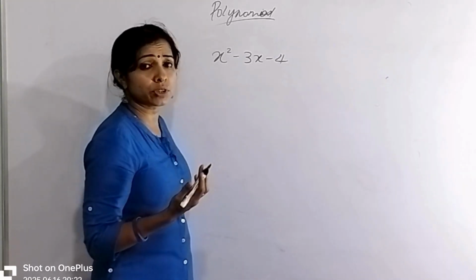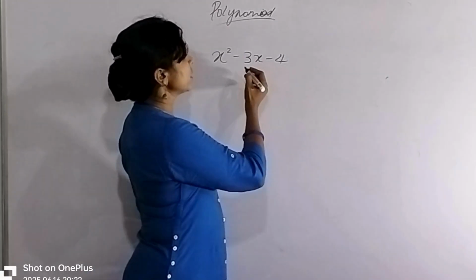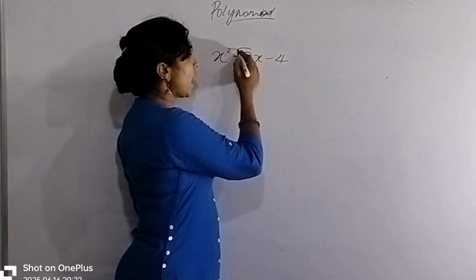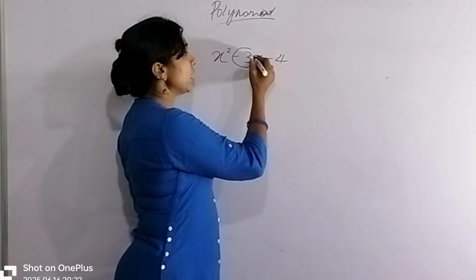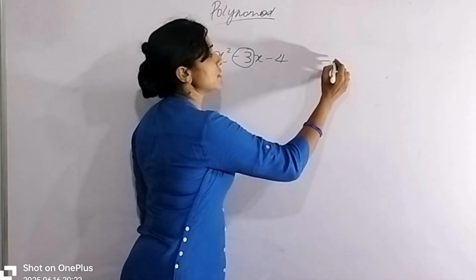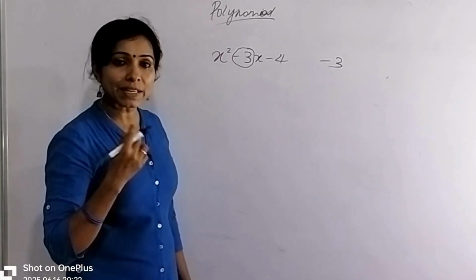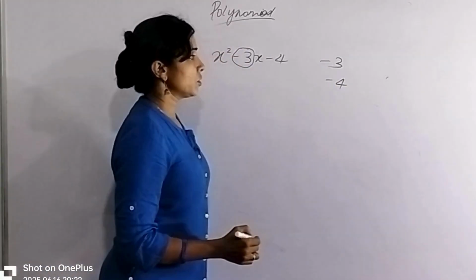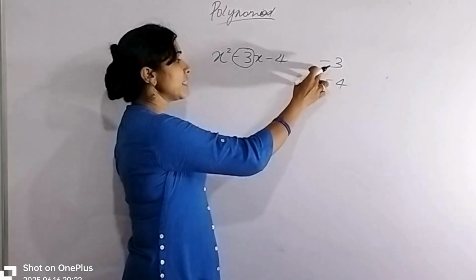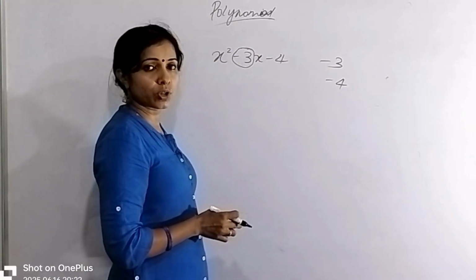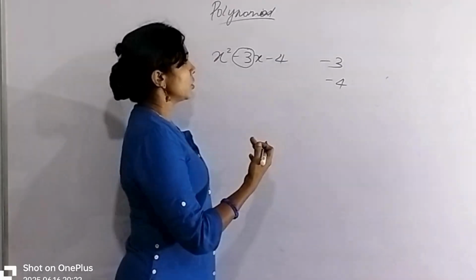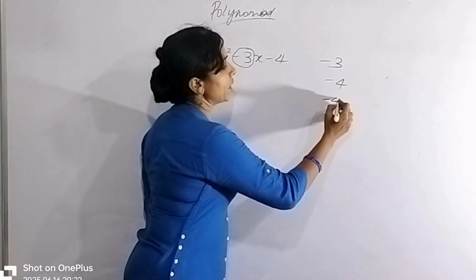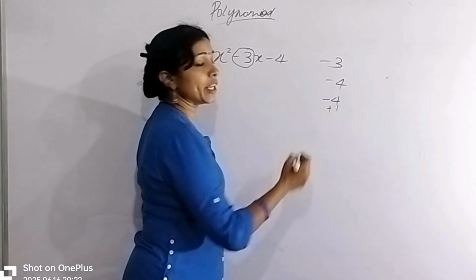We have to find two numbers whose sum is minus 3 and whose product is minus 4. So my sum is minus 3 here and my product is minus 4. So what are the numbers? I'll write minus 4 and plus 1.